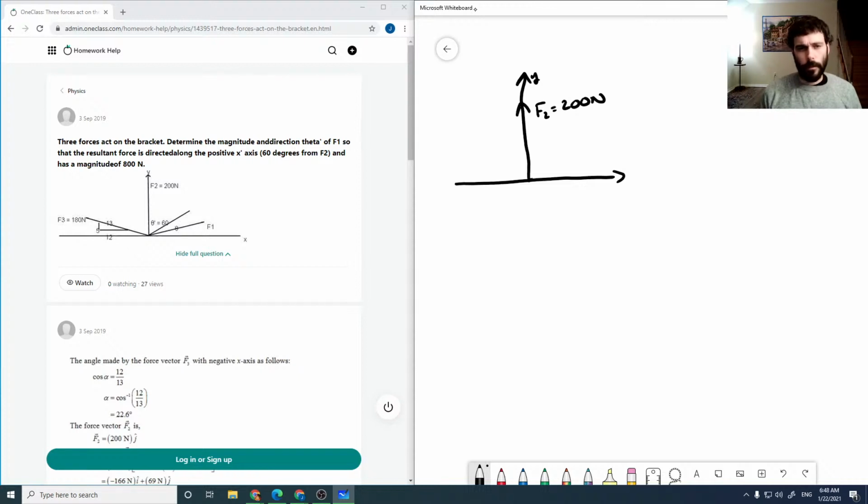We've got our F total, which is at a theta prime equals 60. We've got an F1, which acts at some angle from our F total. I believe our F total is given as 800 newtons.